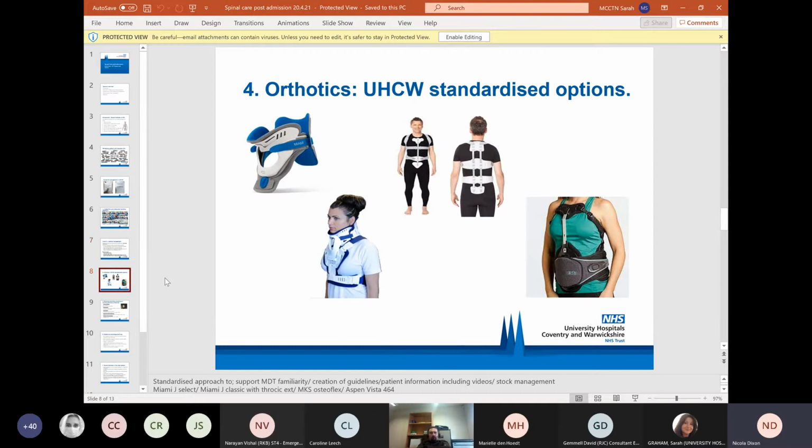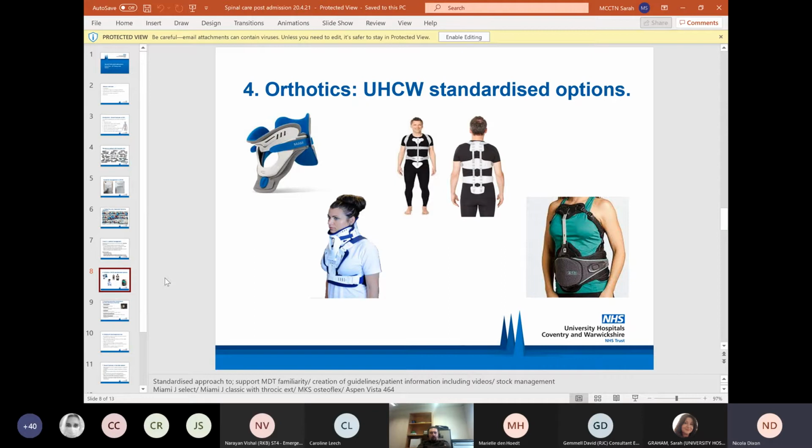So at UHCW, we tried to standardize the use of orthotics. We found it very difficult to be constantly training staff around different orthoses. Even if you change the color of some of them, then it becomes something they're not competent to do. So we now currently use the Miami J Select, which is the top left collar.